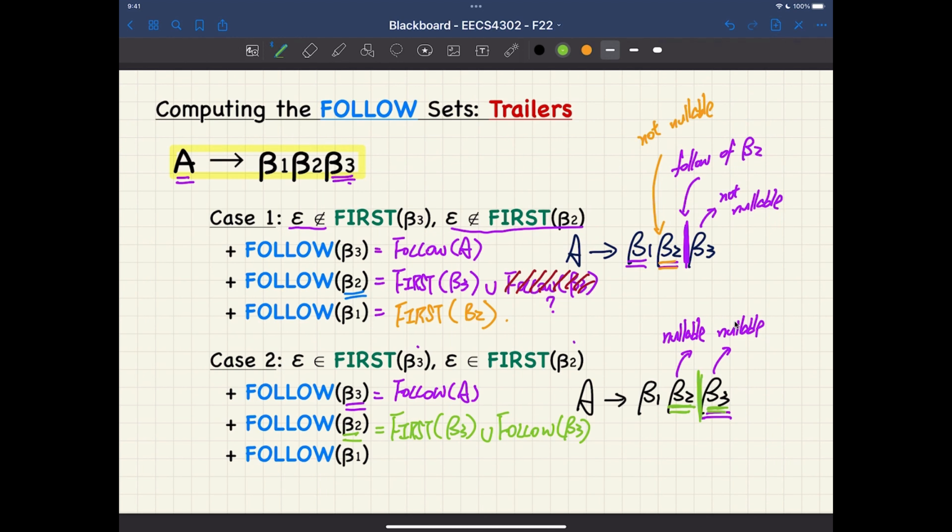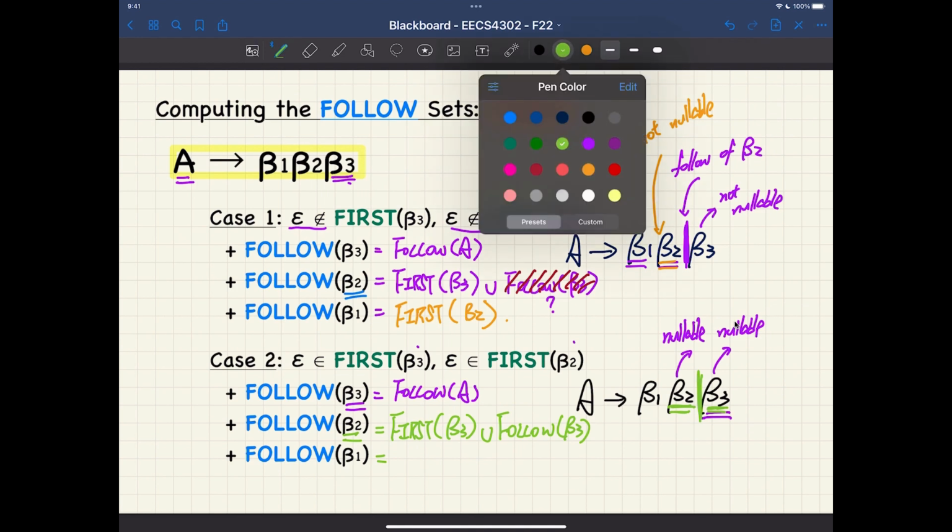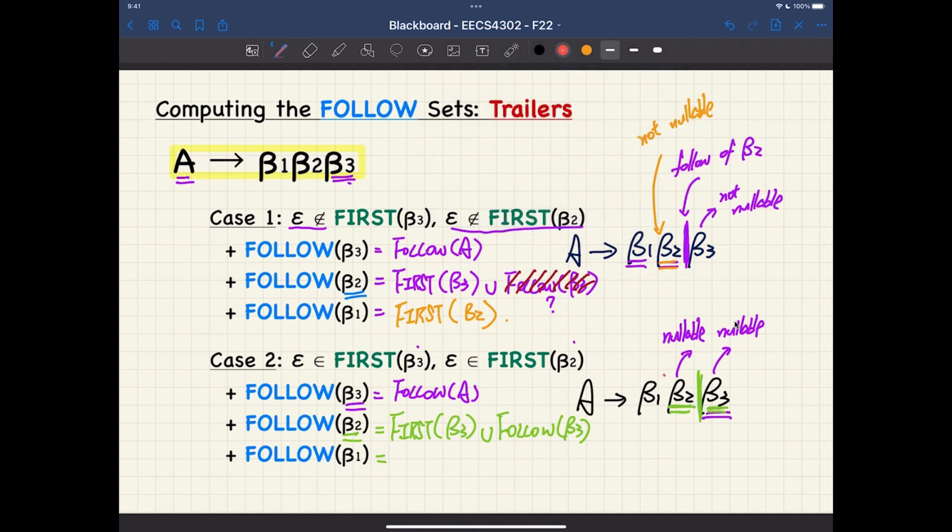Guys, what about follow of beta 1? Maybe a little bit longer to write, but think about it. Because now we got a case where beta 2 could be nullable, and beta 3 can also be nullable, right? We want to union all the possibility together. Yes, go ahead, please. Okay, so of course we're talking about first of beta 2.